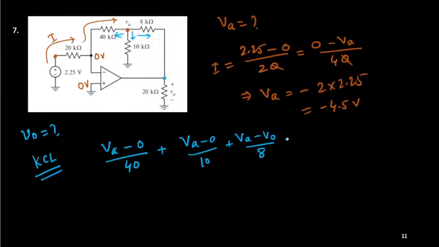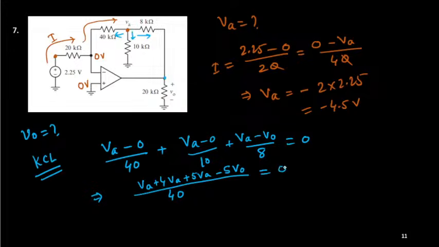And that will be equal to 0. Is it fine? So if you simplify this, how much are you getting? Total LCM is 40. This is your VA, this is your 4 VA, and this is your 5 VA, and this is your minus 5 V naught. That is equal to 0.